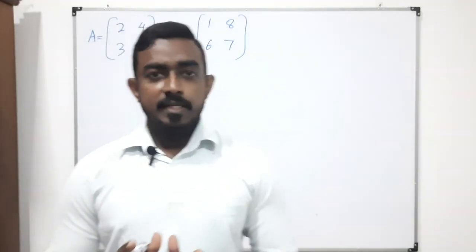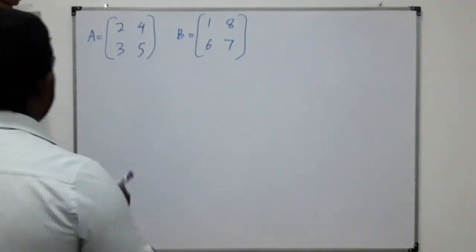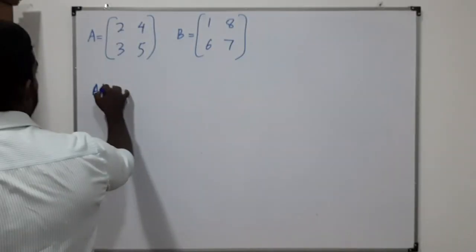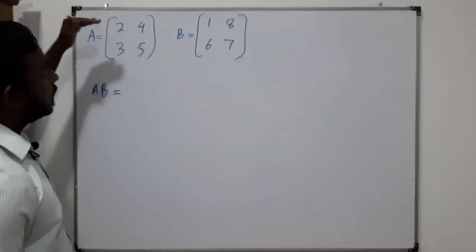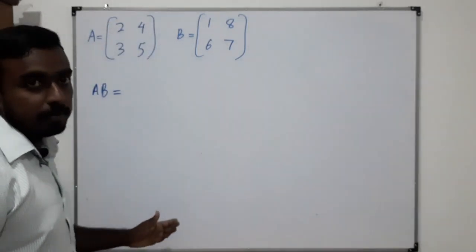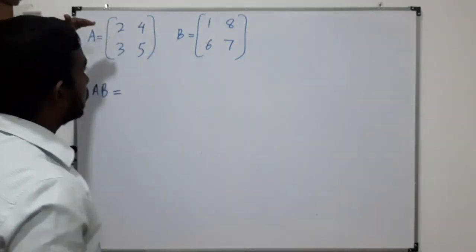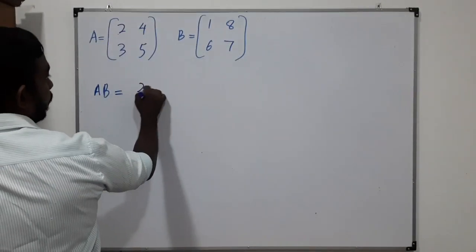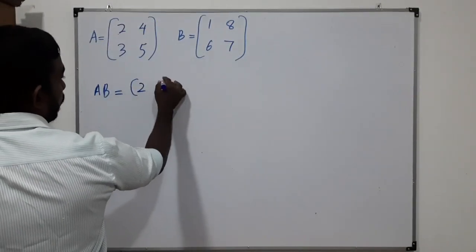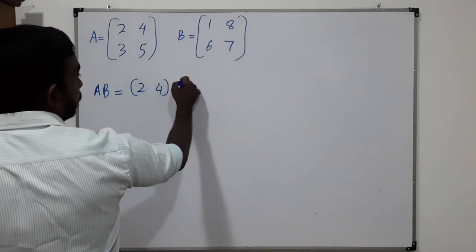Okay, now let us see another example. To multiply A, B, we have to arrange them in the rows and column method as we did before. That means the first row will be 2, 4 with the first column 1, 6.